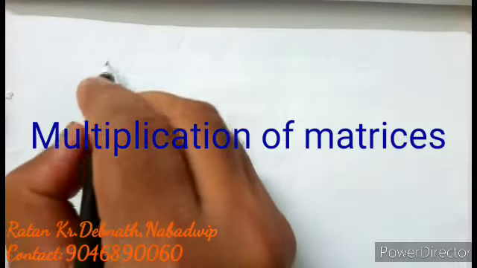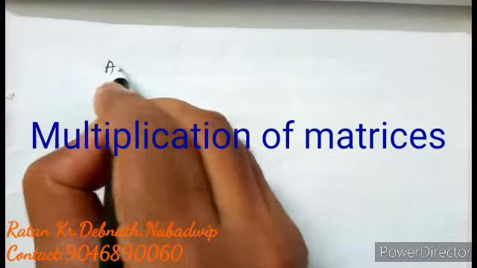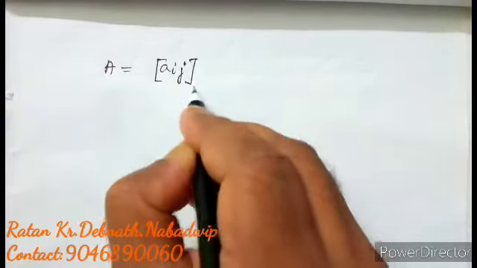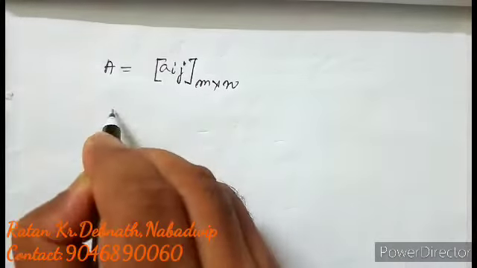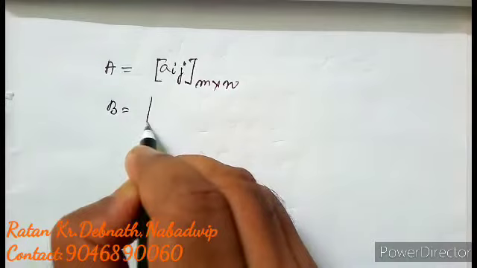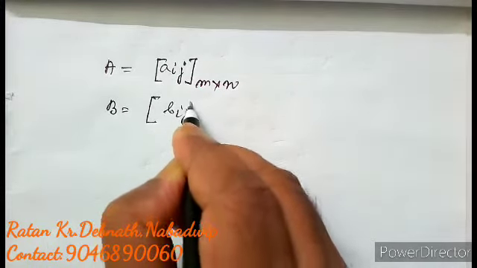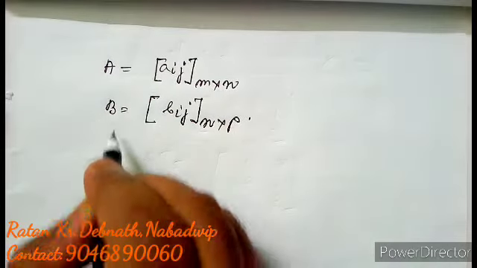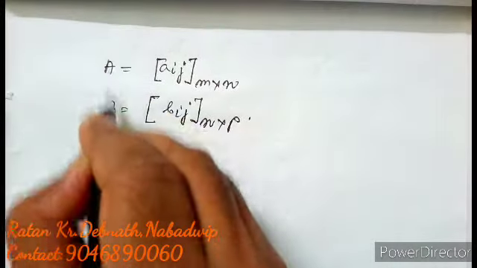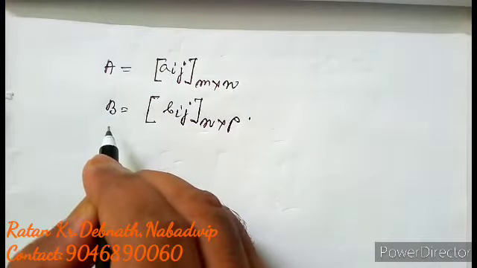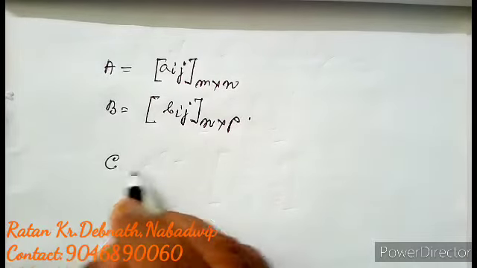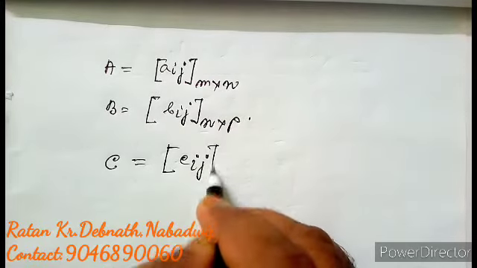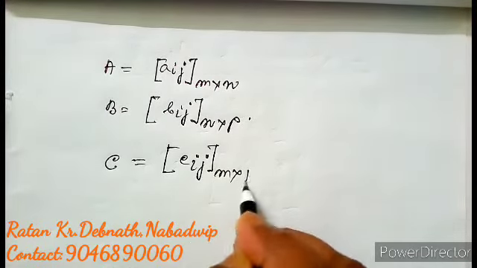If a matrix A equals A ij of order M cross N, and B is another matrix B ij of order N cross P, and we multiply A and B and the resultant matrix is C, then C equals C ij of order M cross P.